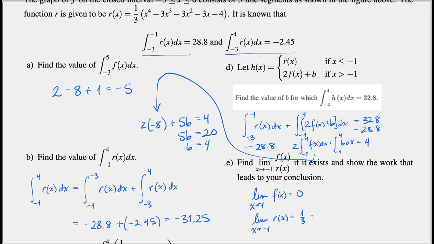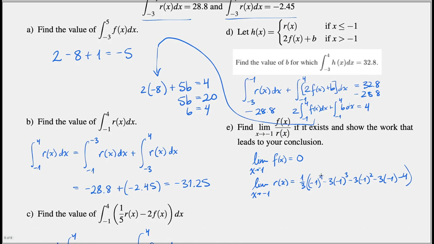We've got 1/3 times negative 1 to the 4 minus 3 times negative 1 cubed minus 3 times negative 1 squared minus 3 times negative 1, minus 4. What is this? This is 1 plus 3, which is 4, minus 3, which is 1, plus 3, which is 4, minus 4, which is 0, times 1/3, which is 0.